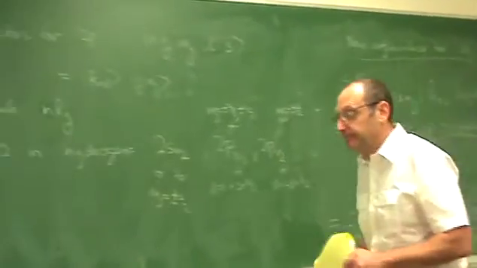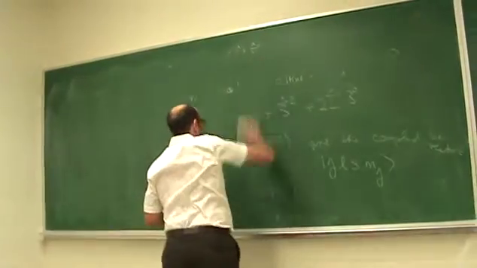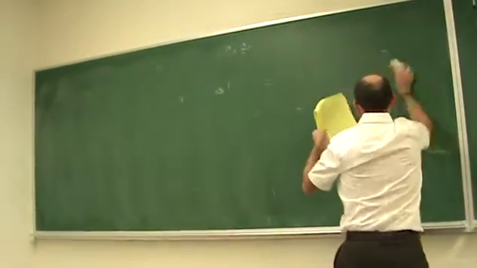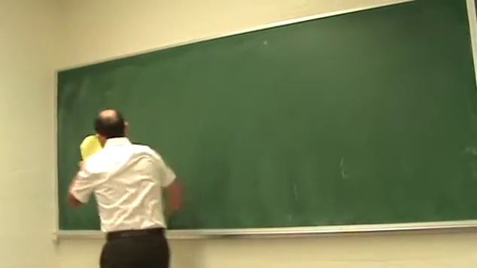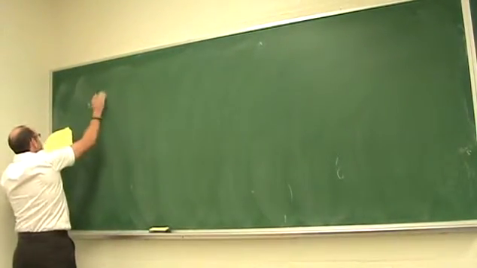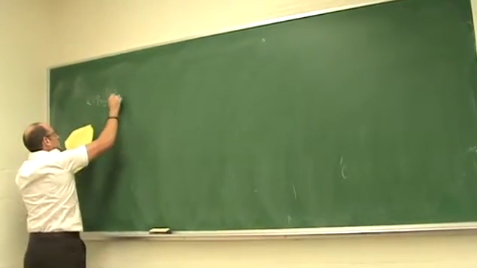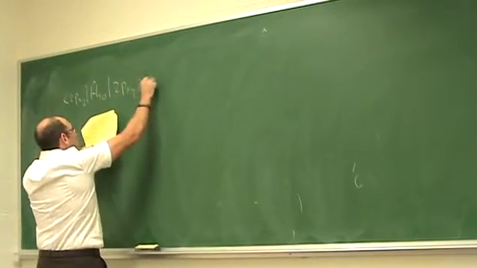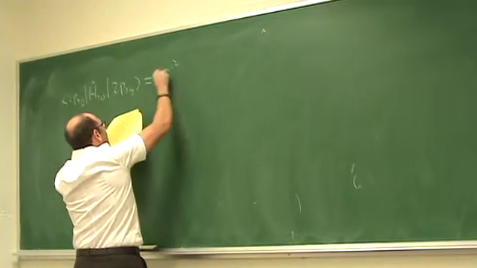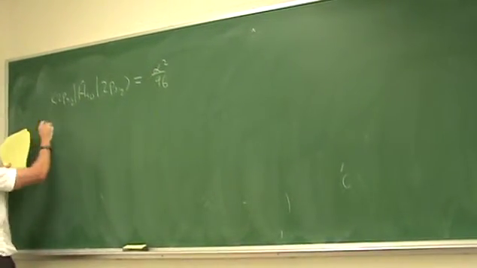Let's complete this. For the 2p 3/2, the shift is alpha squared over 96.